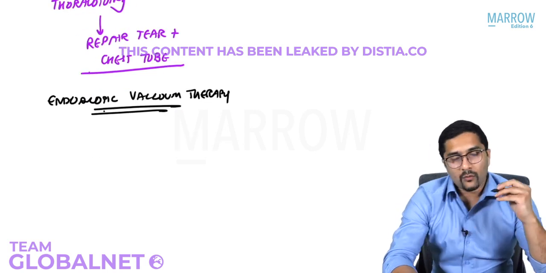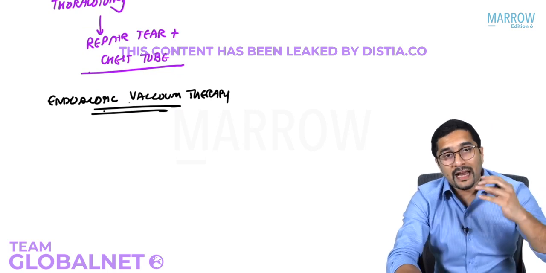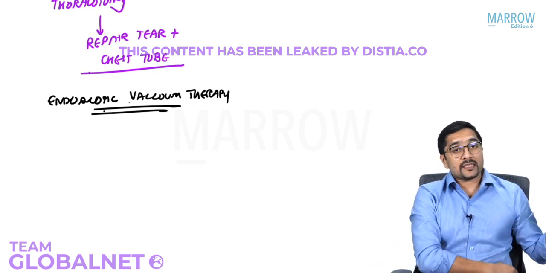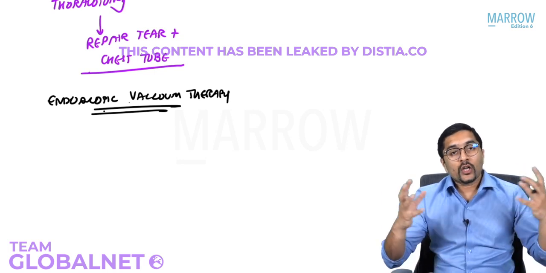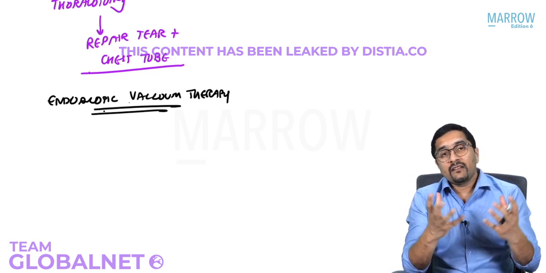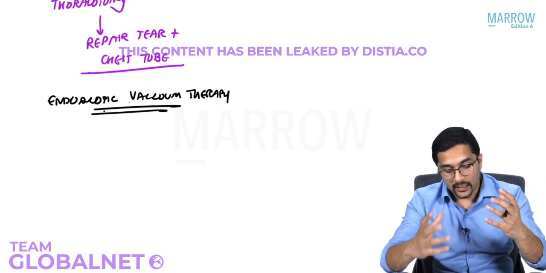Right, so what exactly, this is a latest treatment. Remember the vacuum assisted closure which I've discussed in plastic surgery, where we use negative pressure or vacuum, minus 120 millimeters of mercury, to hasten the healing.